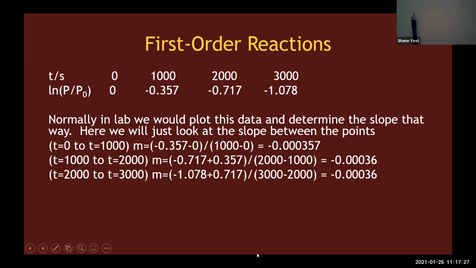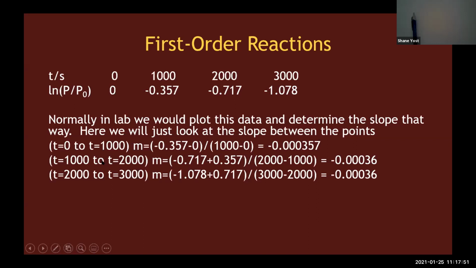So if I look at the slope from, say, time 0 to time 1,000, it's going to be the difference in the y-axis, 0 minus negative 0.357 divided by 0 minus 1,000. I did that in the opposite order here, negative 0.37 minus 0 and 1,000 minus 0, but whatever. And you get some slope here.